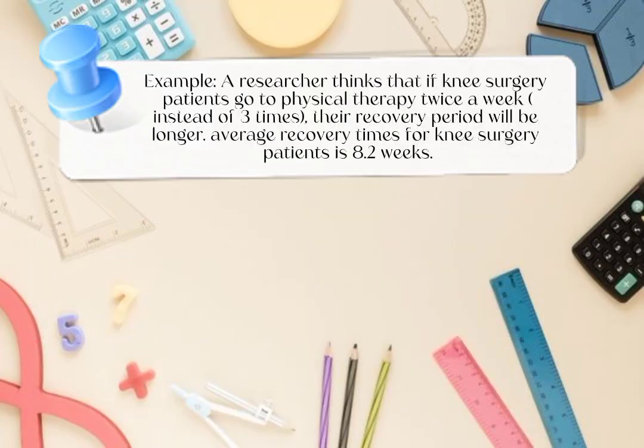Next, we are going to state the null and alternative hypothesis given in a problem. A researcher thinks that if a knee surgery patient goes to physical therapy twice a week, instead of 3 times, the recovery period will be longer. Average recovery time for knee surgery patients is 8.2 weeks.